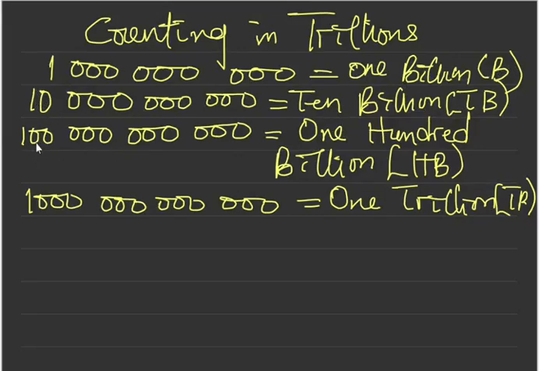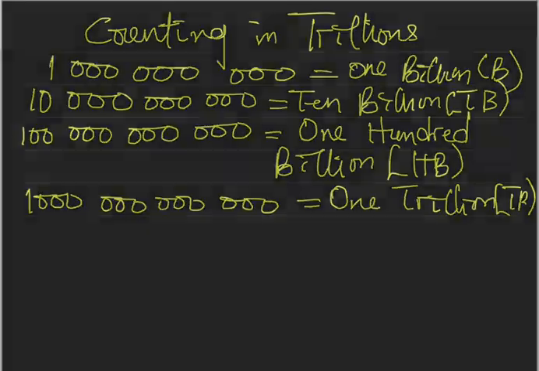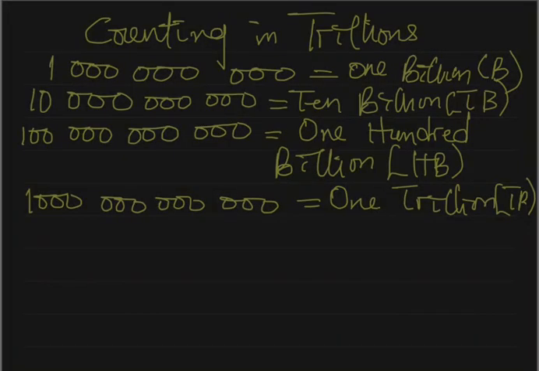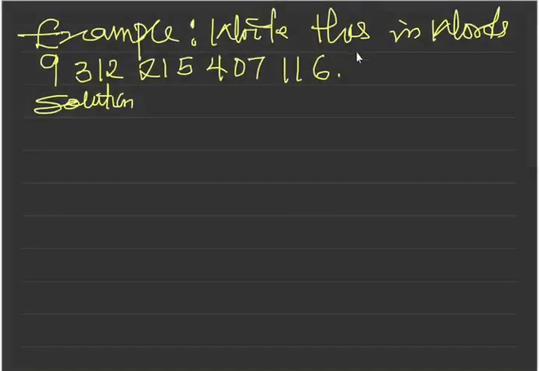Let's put 100 here, we have 100 billion. So the 1,000s of a billion is what we call 1 trillion. So let's have an example for this and write it in words.